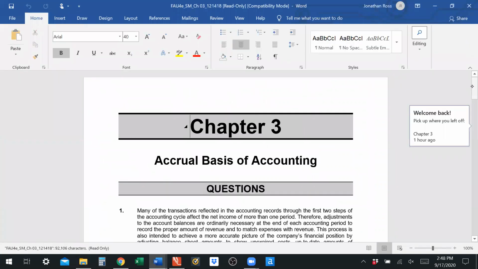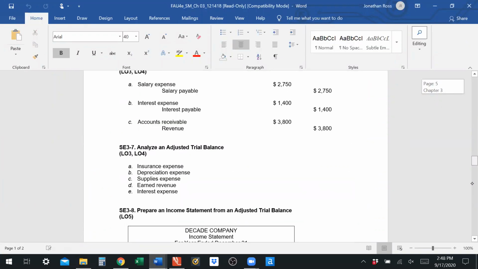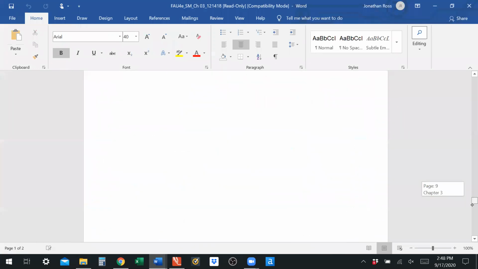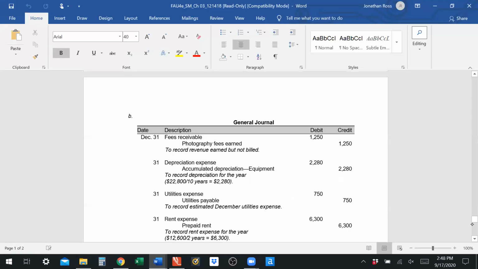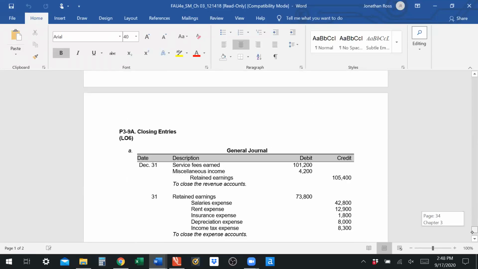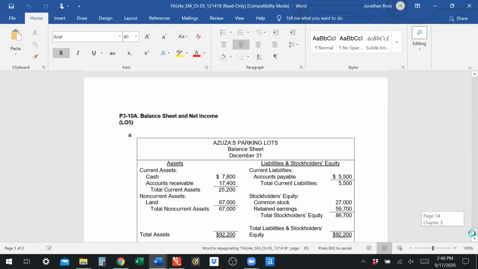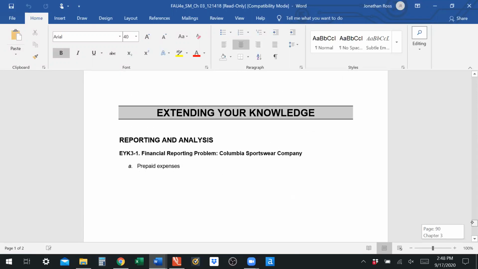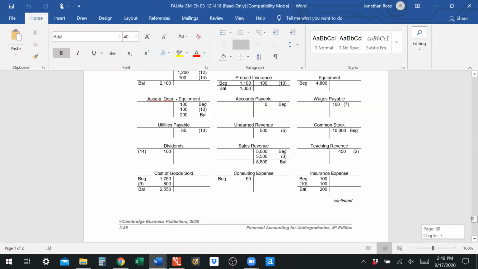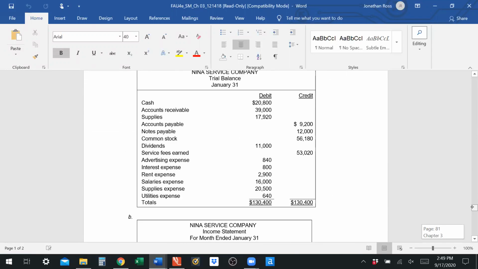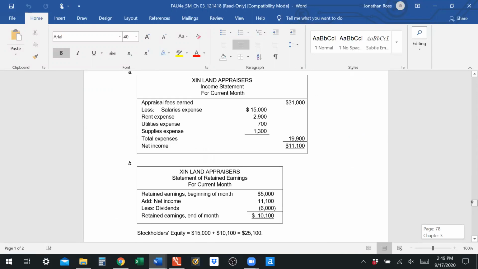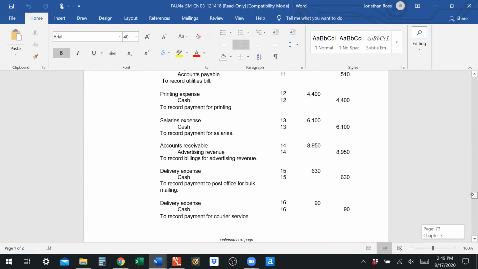So this is problem 3.8a. So it's probably way down here, somewhere towards the end. The solutions, we will get there. I went past it. Let's see, 3.15b, so we've got to keep going.